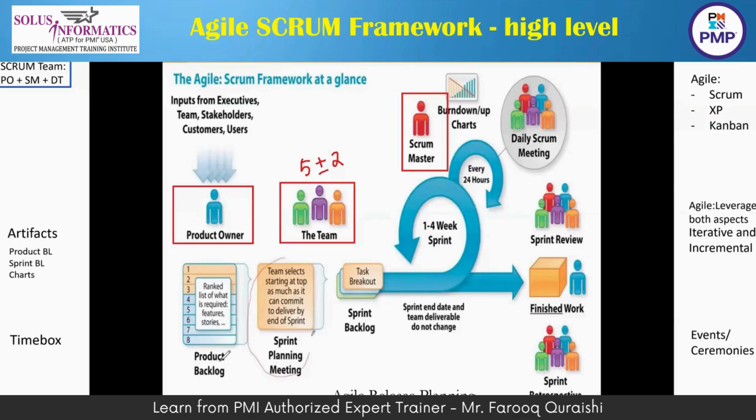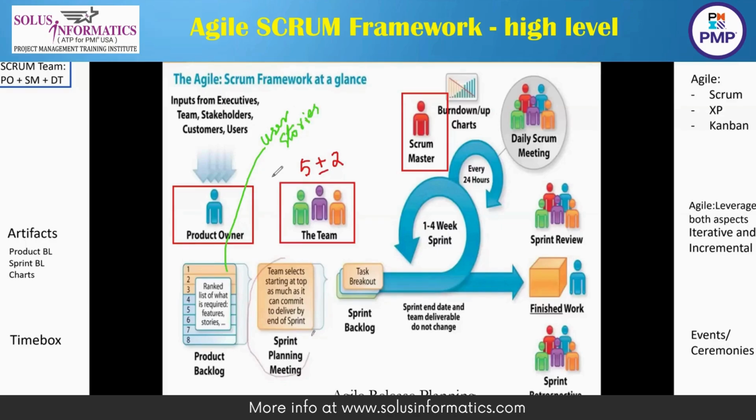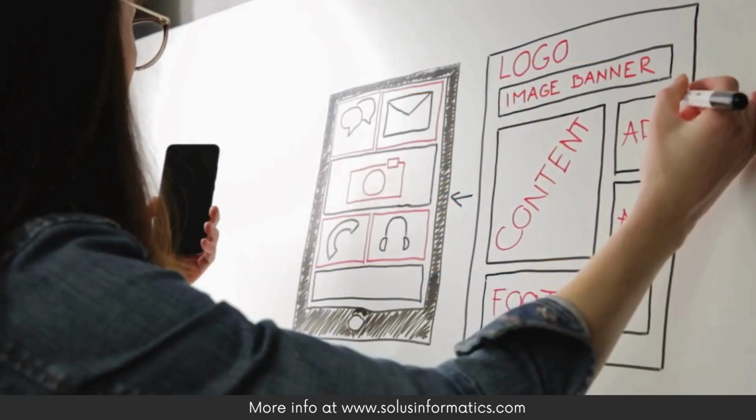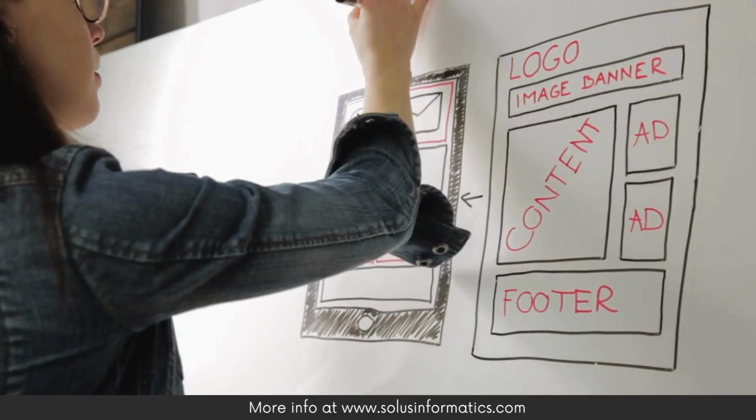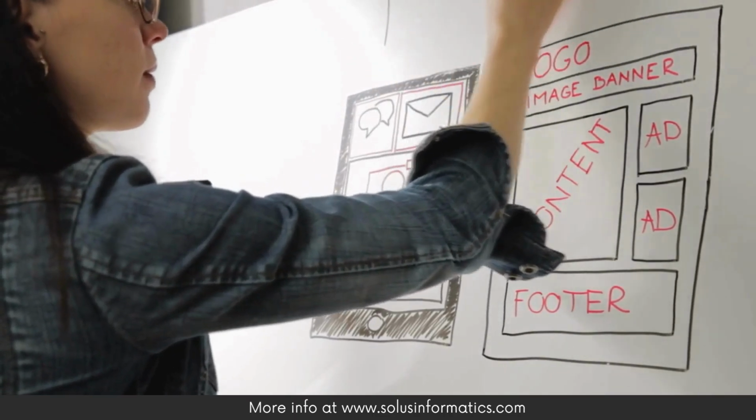The product owner is the person who manages the product backlog. Product backlog is a register wherein the requirements are listed. Requirements in Agile are referred to by the name user stories. So whatever you call a requirement, like if you're developing a website, you want to show news on the website, that's a requirement.